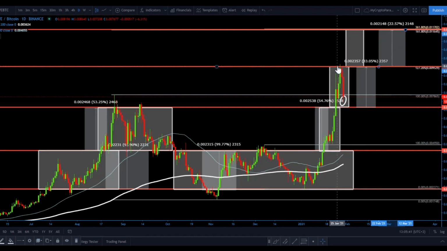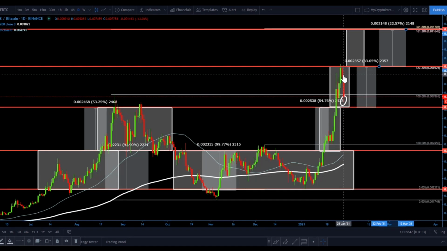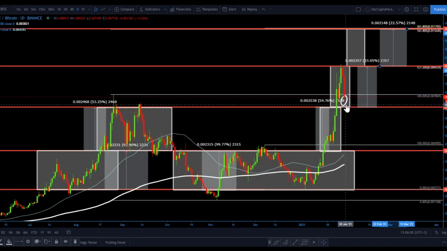Now, we had this box just formed, where we had this clean rejection and the price went down quite sharply. We would guess that this is because of Bitcoin's sharp rally to the upside. Many altcoins today are struggling against Bitcoin, not all, but most of them, and the same with AAVE.